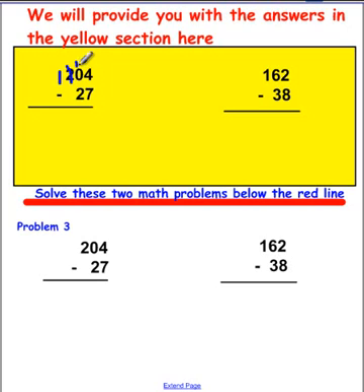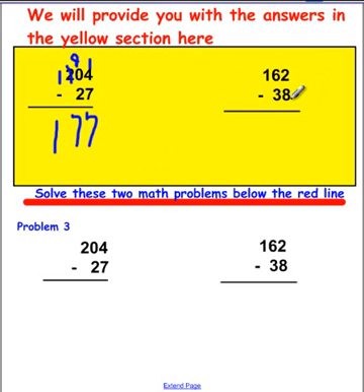However, we're going to take one of those 10s and put it over here, so that's 14. So this is no longer a 10, it's going to be a 9. So 7 from 14 is 7. 2 from 9 is 7. And if you recall, we made this a 1, so bring the 1 down. So your answer should be 177 with the regrouping. Let's look at the next one.